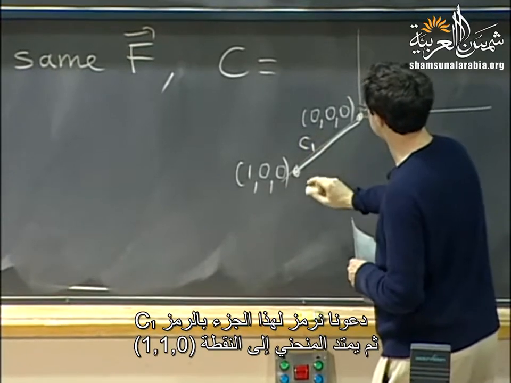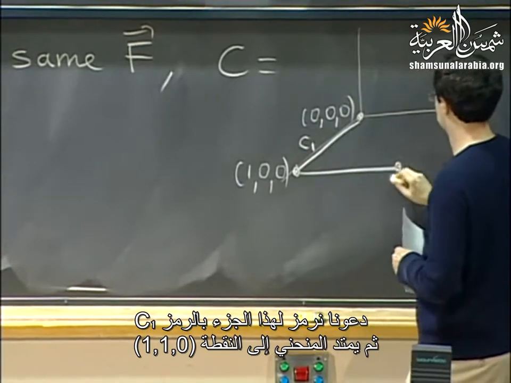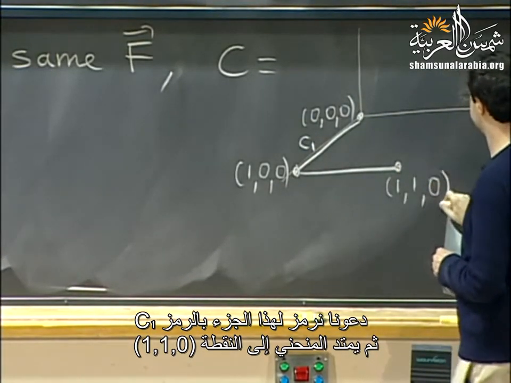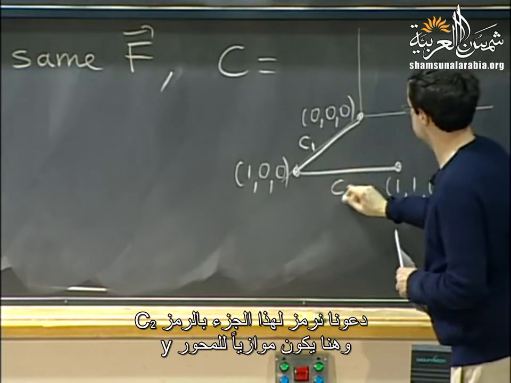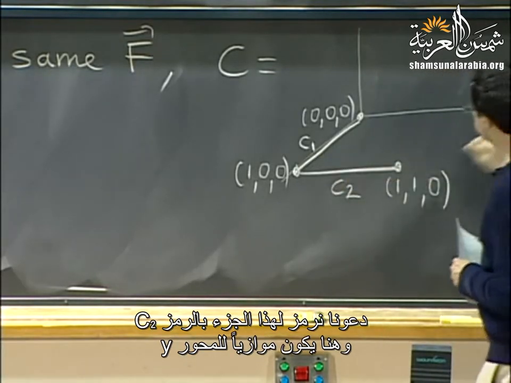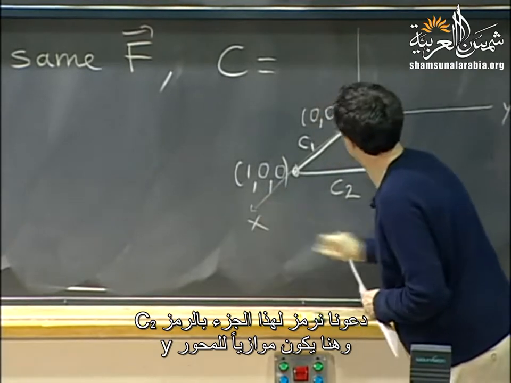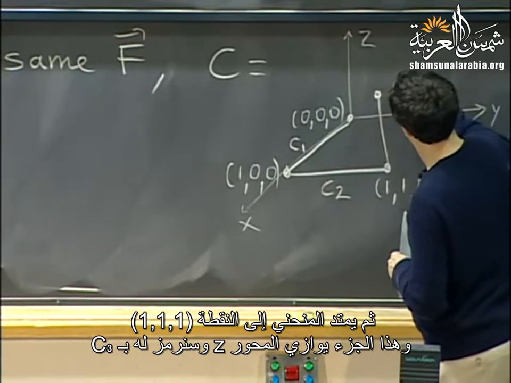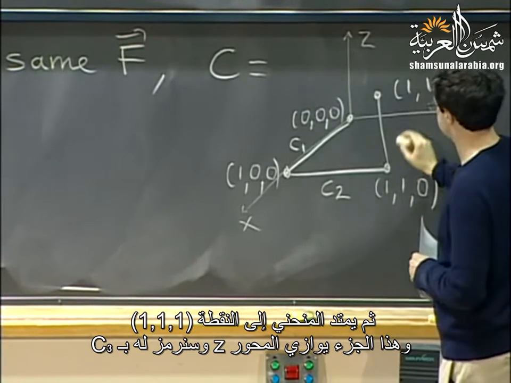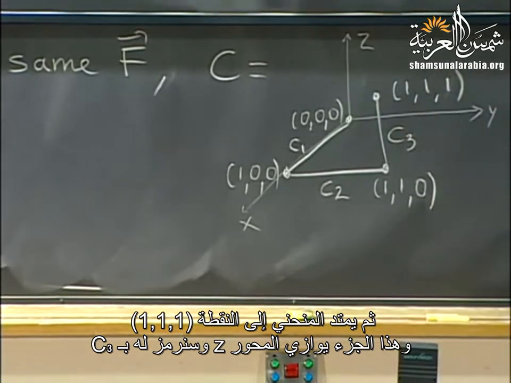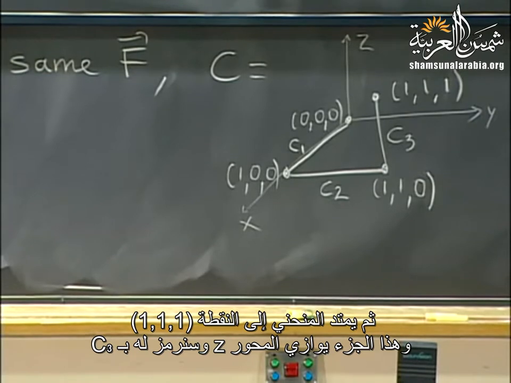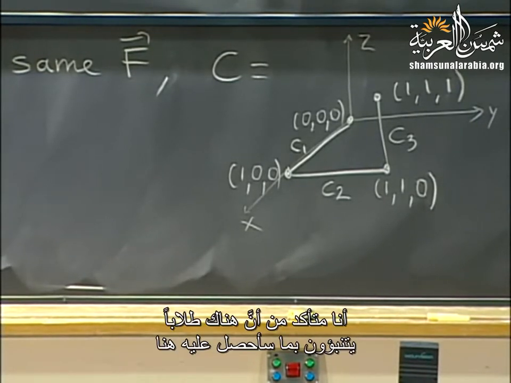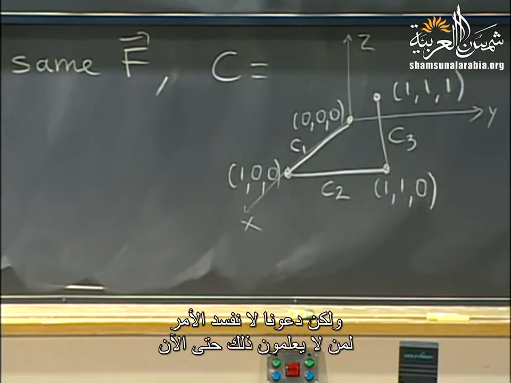So let's call that C1. Then to 1, 1, 0, let's call that C2, by moving parallel to the y-axis. And then up to 1, 1, 1, parallel to the z-axis. Let's call that C3. Okay. I'm sure that some of you at least are suspecting what I'm getting at here, but let's not spoil it for those who don't see it yet.